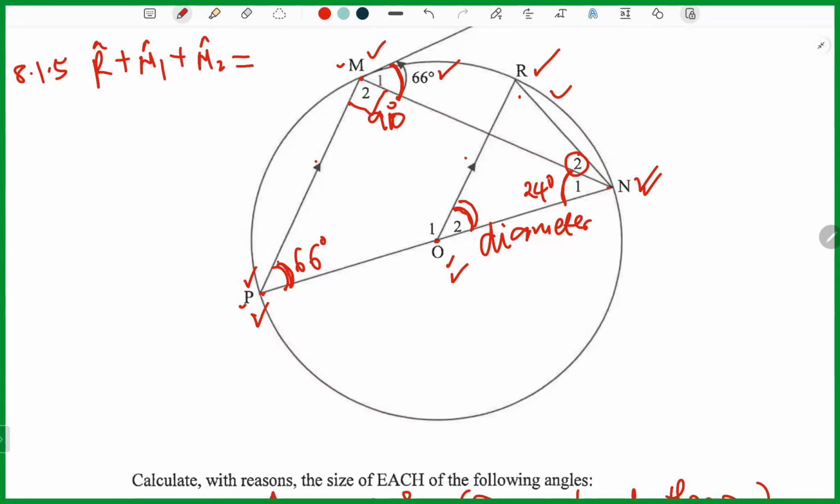We already know that this angle O2 is 66 degrees.